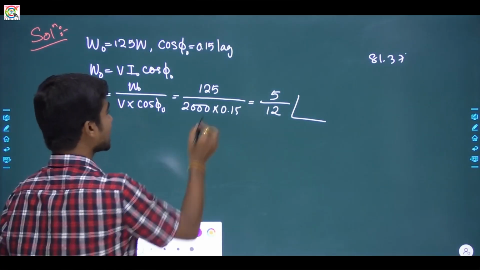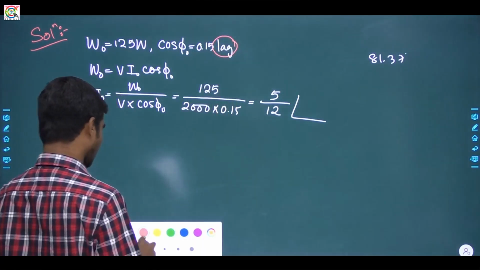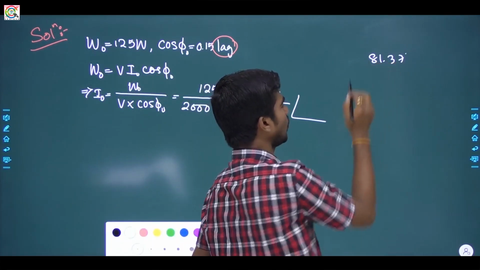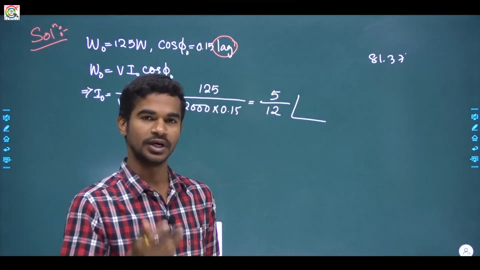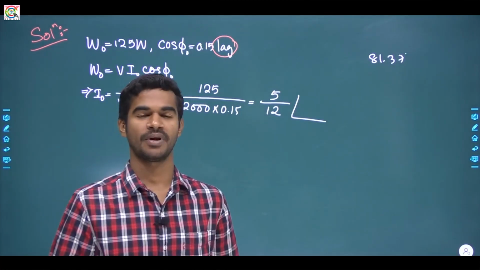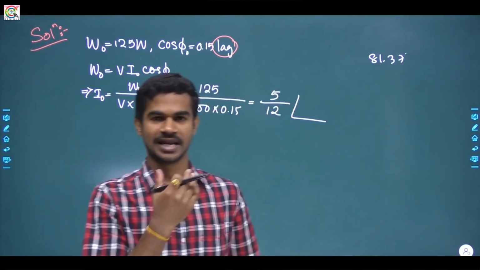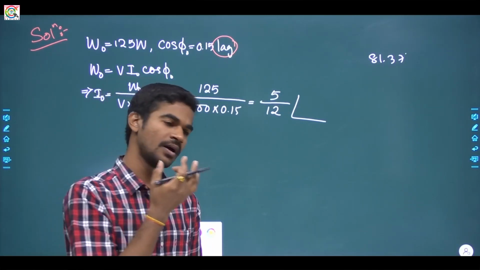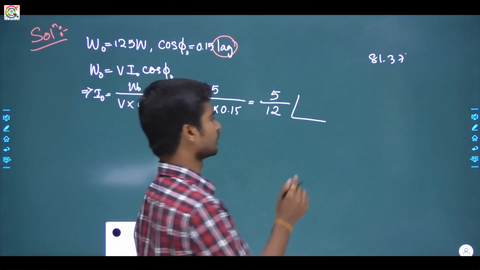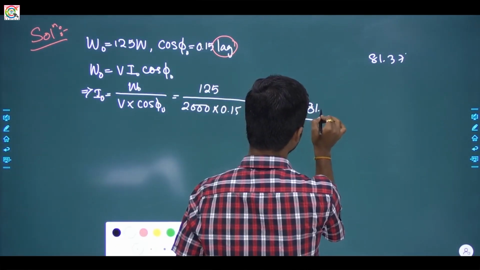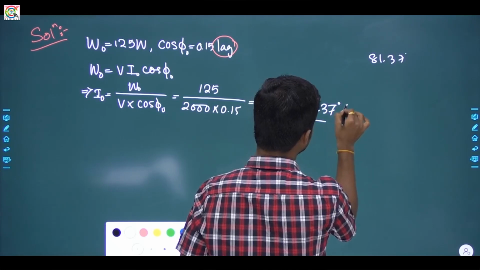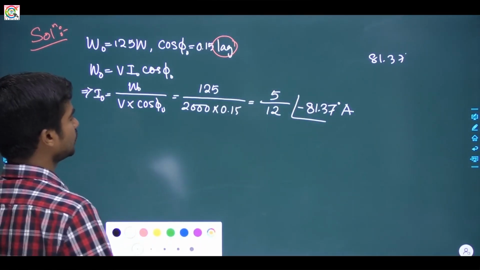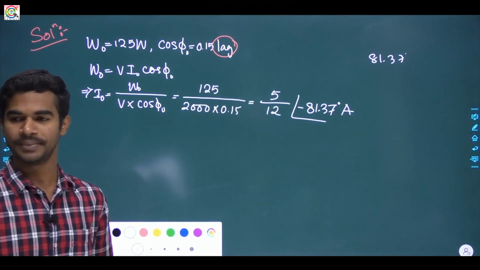Yes, it is a lagging power factor. That's why the current lags behind the voltage by 81.37 degrees. From reference, for lagging we take it as negative, and for leading we take it as positive. So it will be minus 81.37 degrees, in ampere.